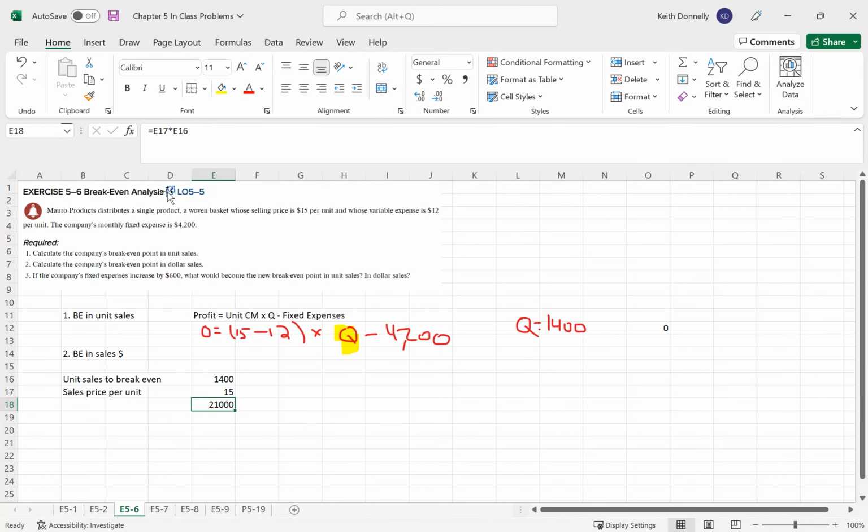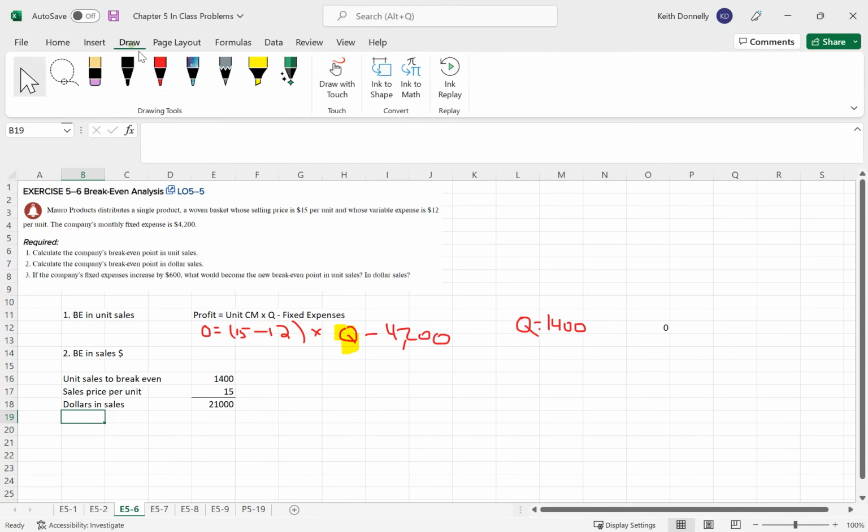So there we go, we're at $21,000 in sales. In other words, based on these facts, if you want to break even, you have to sell 1,400 units, or stated alternatively, have $21,000 in sales dollars. Okay?